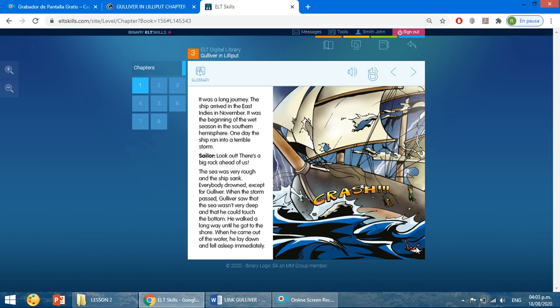And everybody, all the people in the ship, the captain, the sailors, everybody died. Except Gulliver. Gulliver knew that the ocean wasn't very deep, so he started walking. He started walking to the beach, to the shore, and when he arrived, he slept immediately.